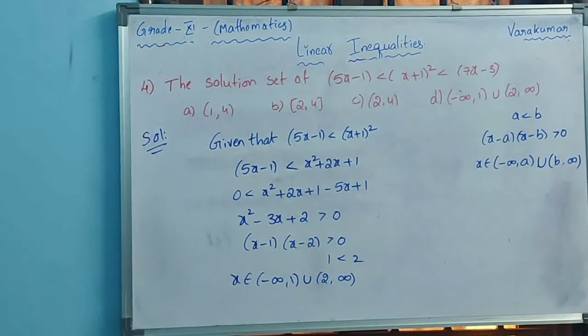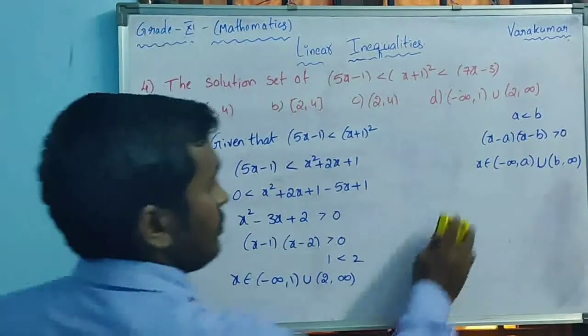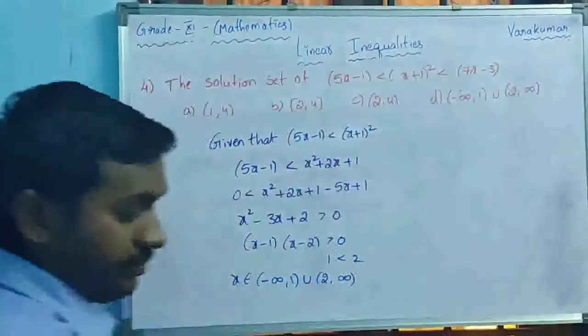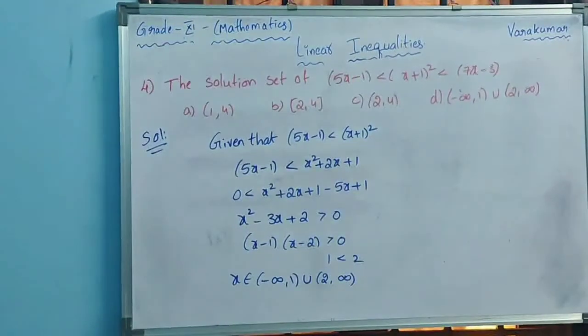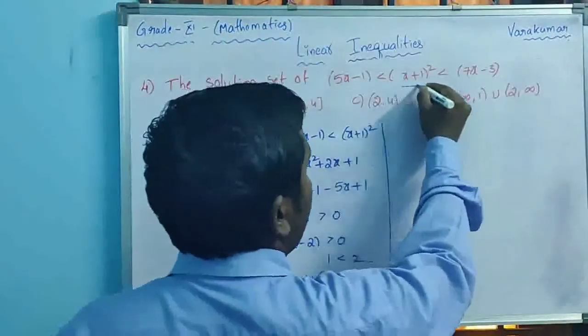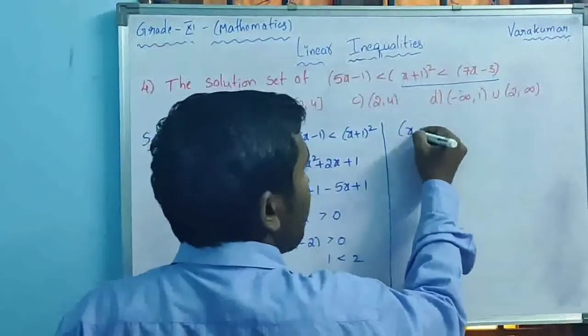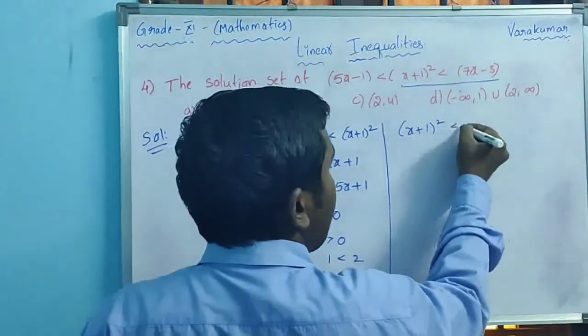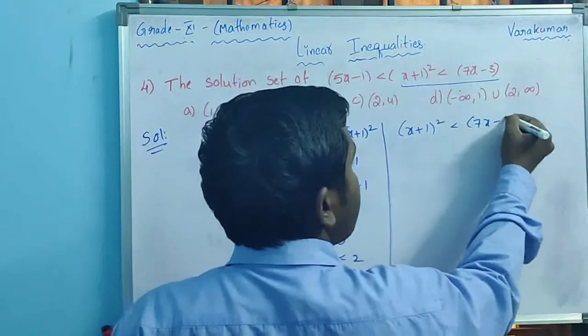Let us do the second solution now. What is the second part here? This one: (x plus 1) whole square less than 7x minus 3.